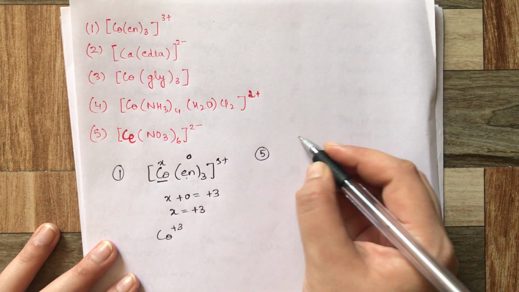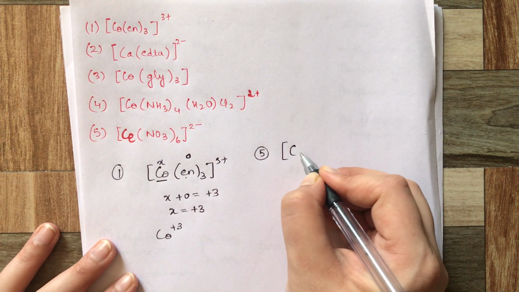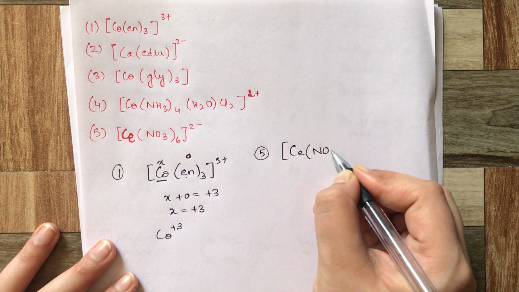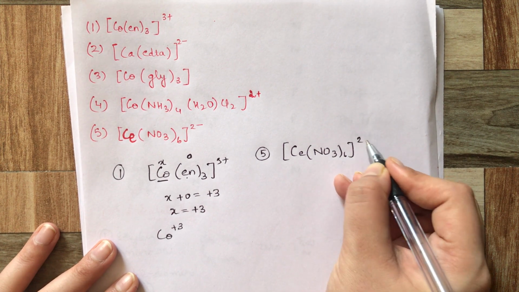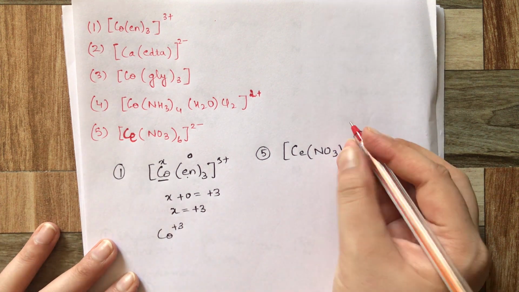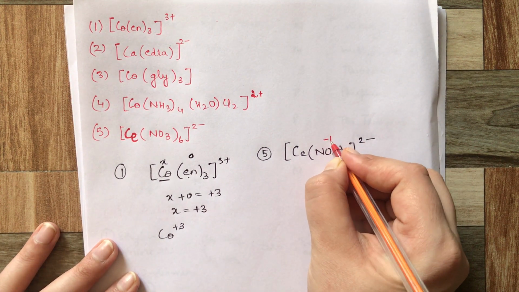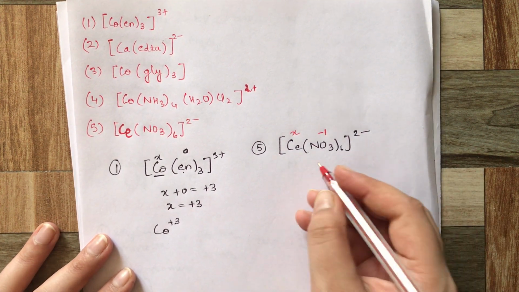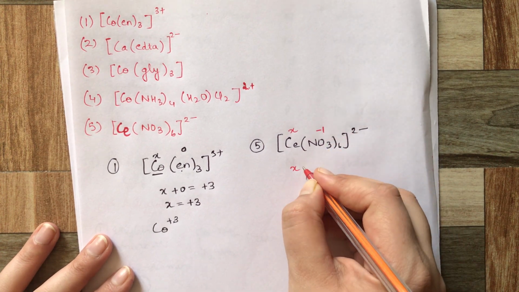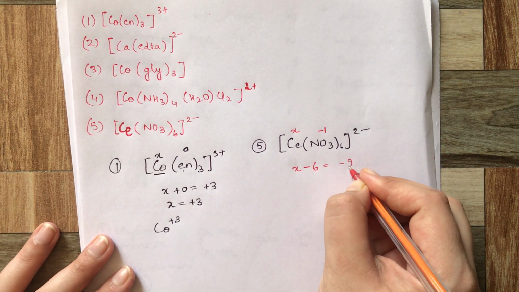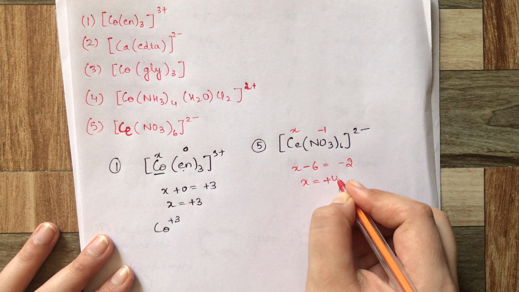Suppose I again help you with the fifth question, [Ce(NO3)6]2-. We know that NO3 bears -1 charge, and cerium will bear X charge. So X minus 1 into 6, minus 6, is equal to -2, so X is equal to +4.